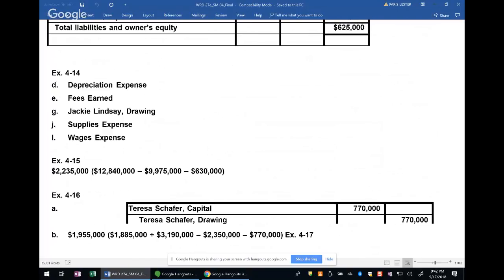Debit capital, because you got a loss. When you debit capital, you make money back. A loss, you have to debit capital.